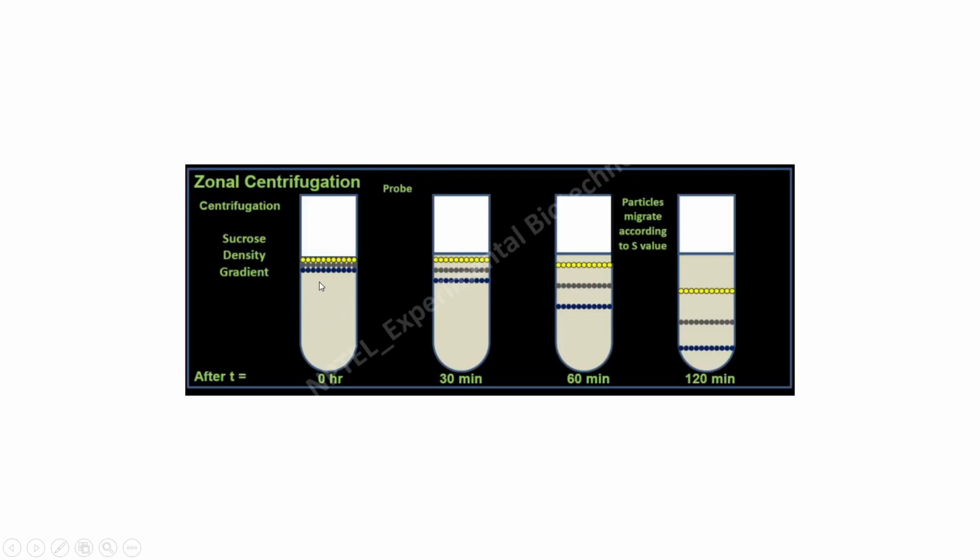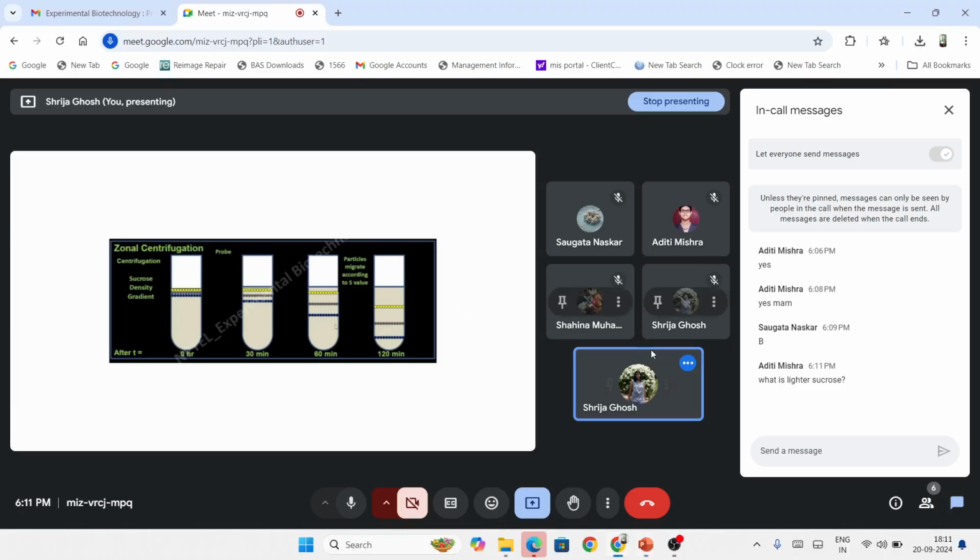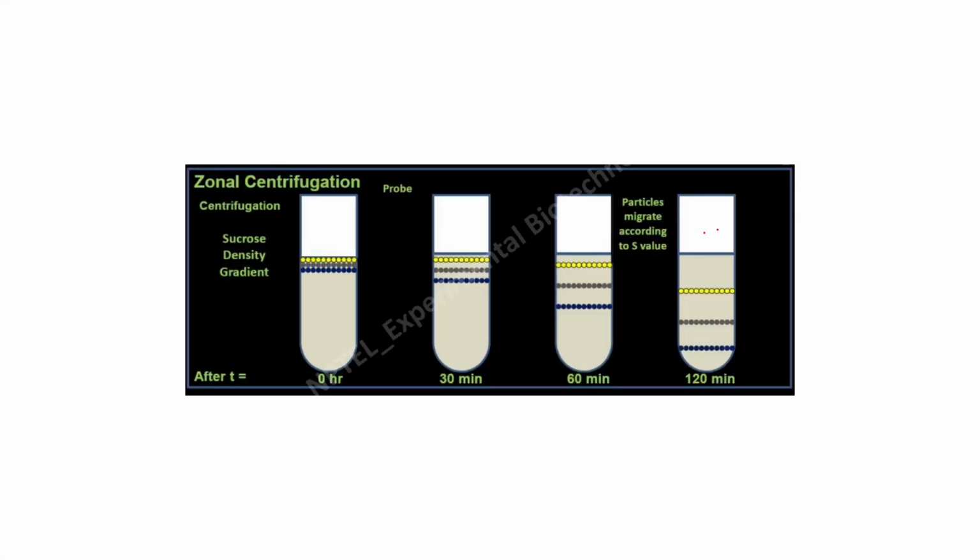We have a question. By lighter sucrose, I mean just the solution concentration. Basically, let's say I have 0.1 molar sucrose, then 0.2 molar sucrose, 0.5 molar sucrose, and 0.9 molar sucrose, and so on.